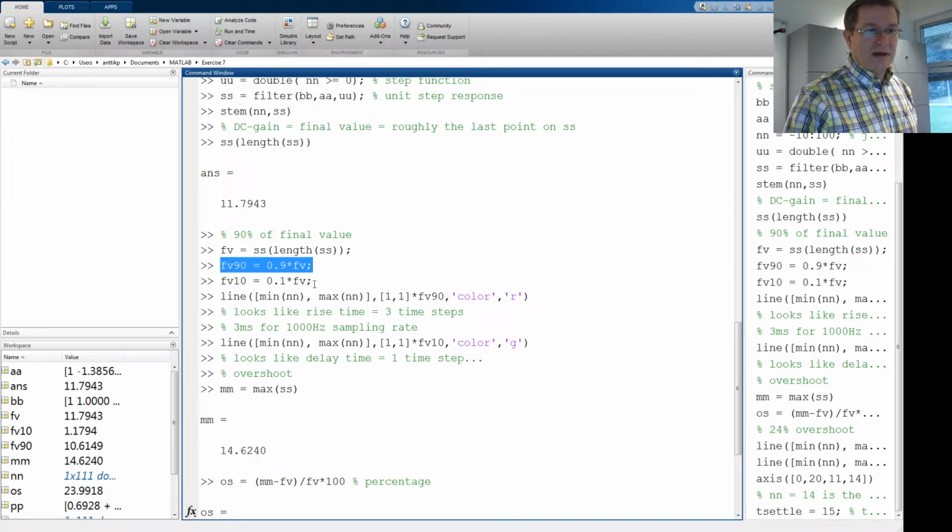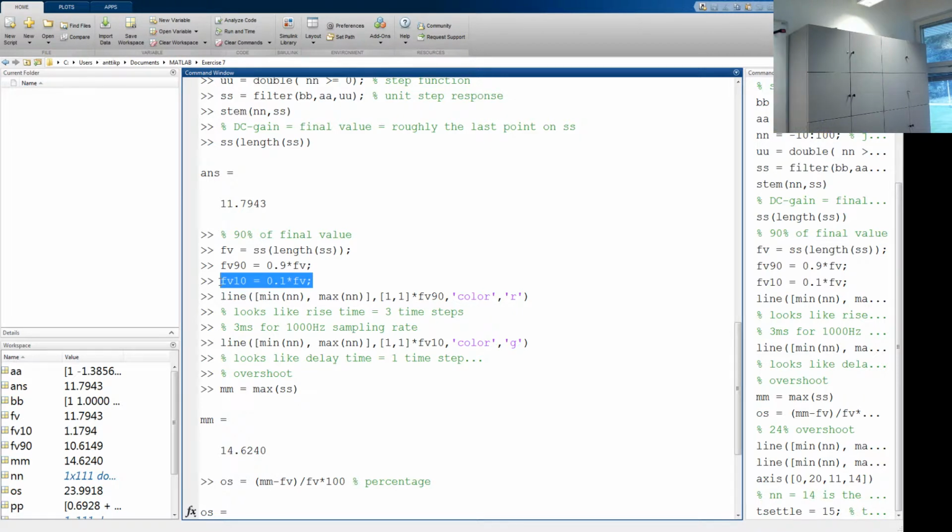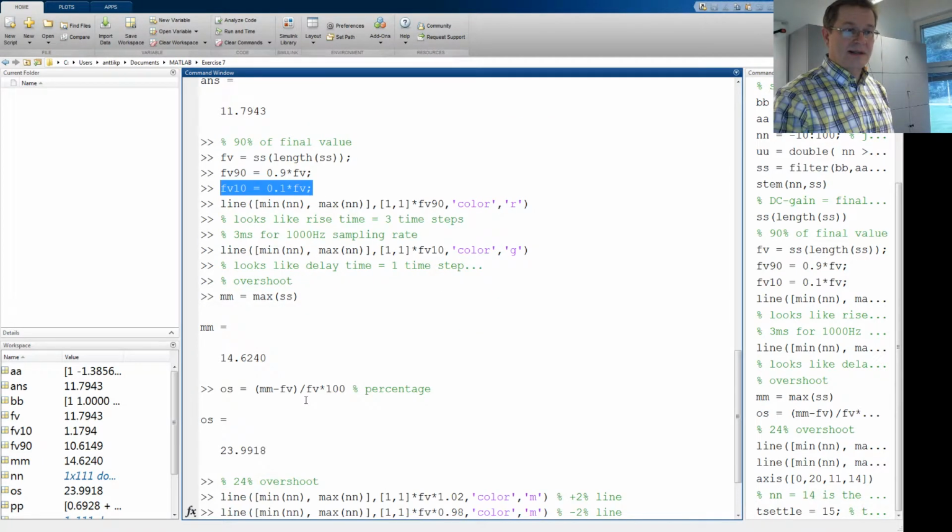Then the delay time is defined as when the signal reaches 10% of the final value. All right, so overshoot is basically the percentage of how much the signal goes over this final value. That's the maximum signal.